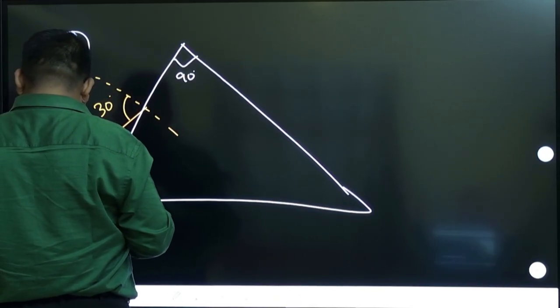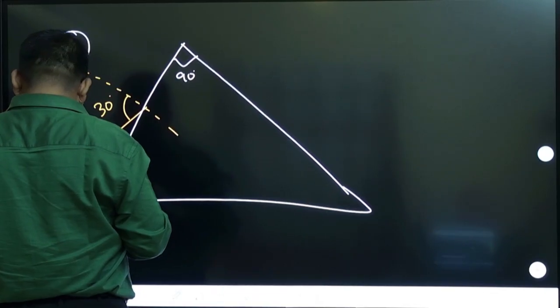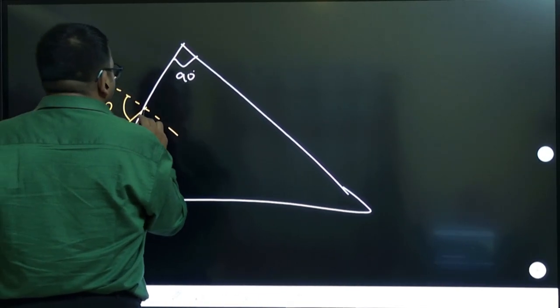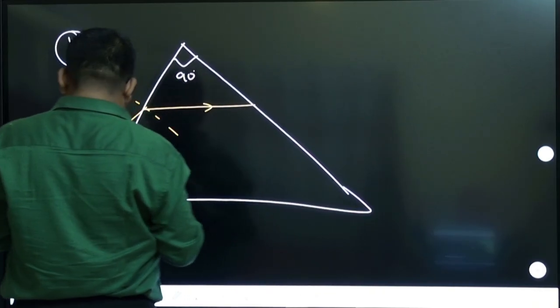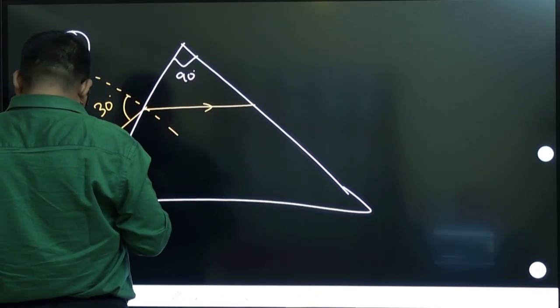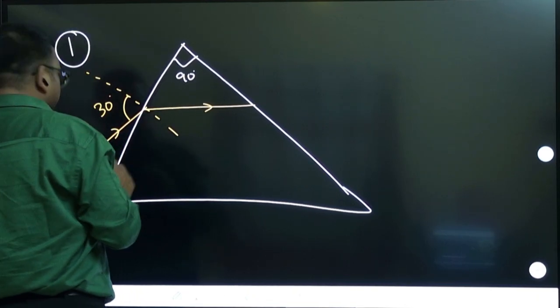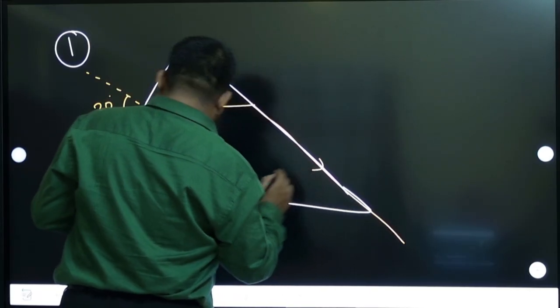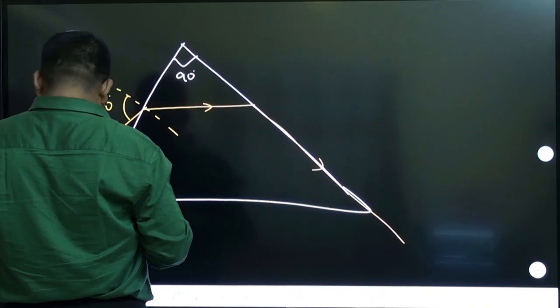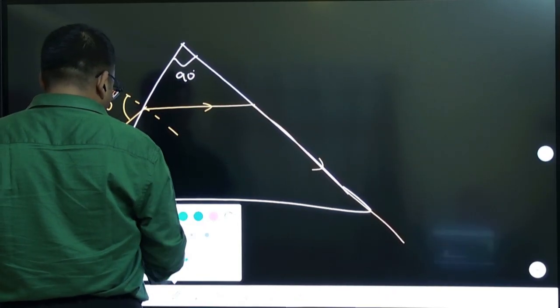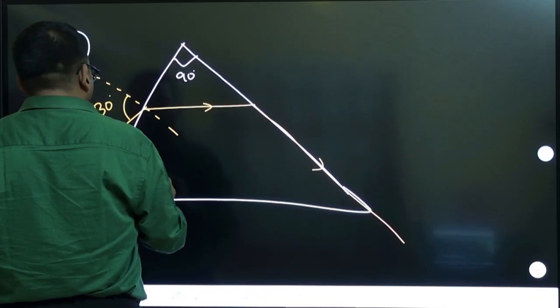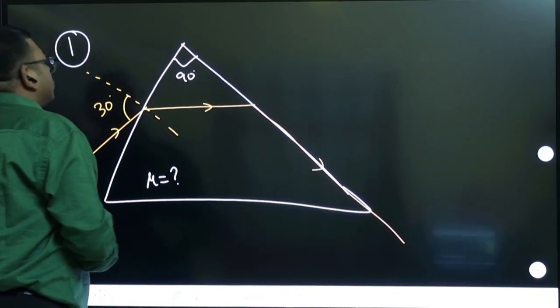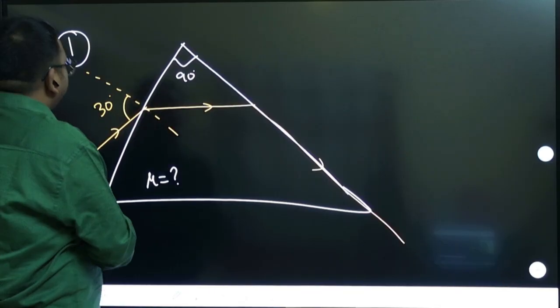And it travels through the prism parallel to the base. This ray is traveling parallel to the base. Then it emerges along the face, grazing the path. Then we have to calculate the refractive index mu for this. This mu calculation is very important. Okay, let us try that.